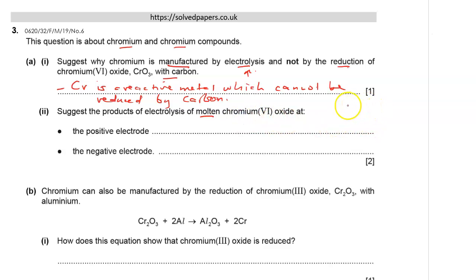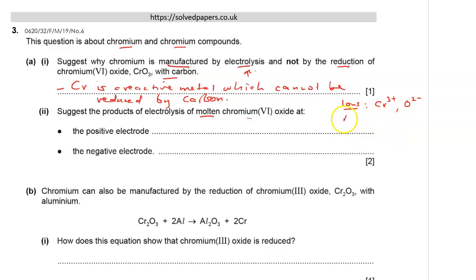Of course, the ions present for molten chromium oxide will be chromium, which I think is +3, and oxygen.